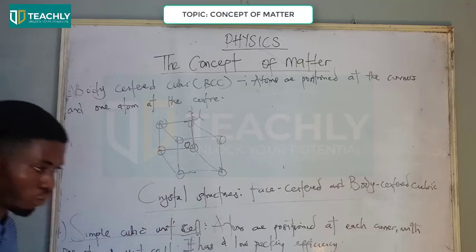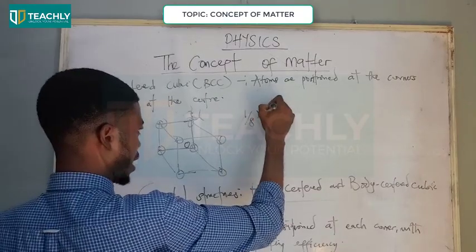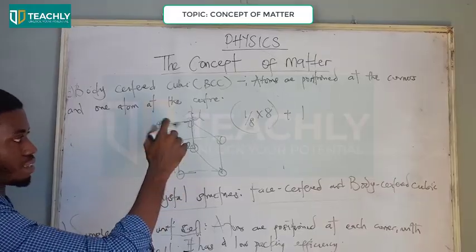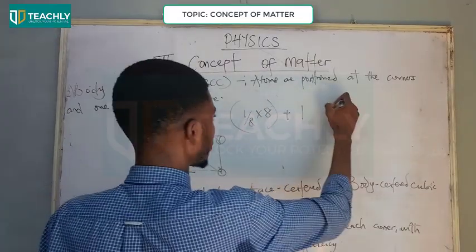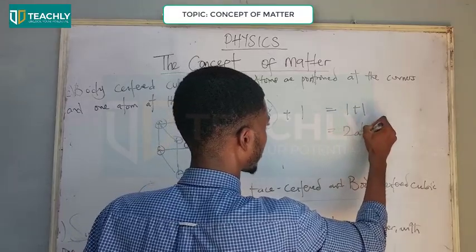If we're going to calculate this, we have 1 over 8 times 8, plus the one atom at the center. What's going to give us? 1 plus 1, that's 2 atoms.